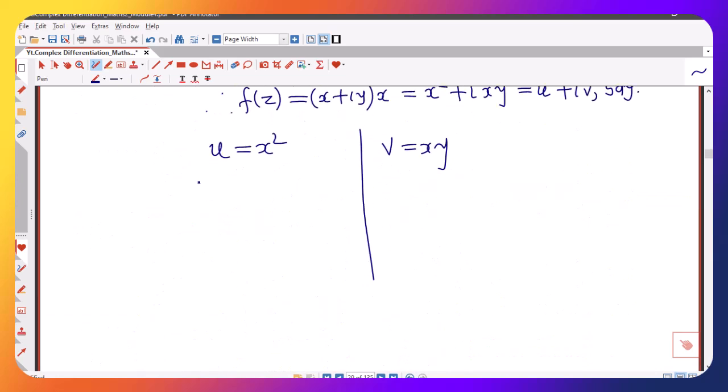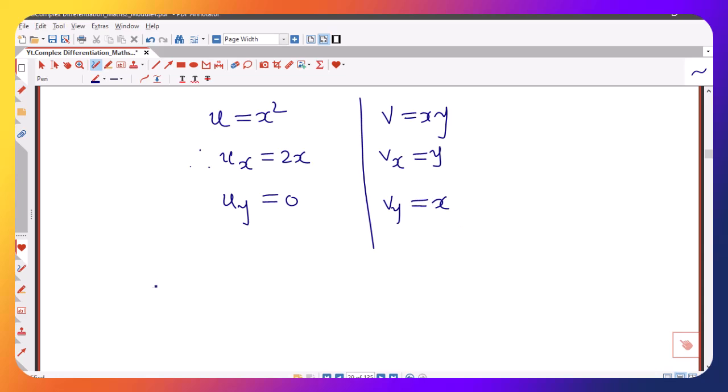So the next step is to write down the derivatives. The derivative of u with respect to x is 2x and with respect to y is 0. Here del v by del x is y and del v by del y is x. Now we can find the points at which ux equal to vy.